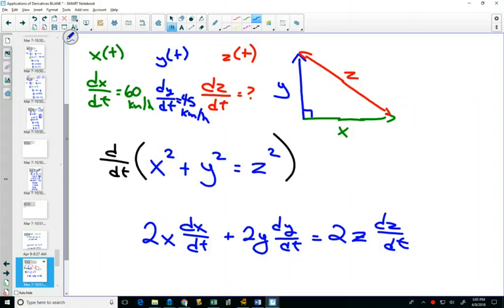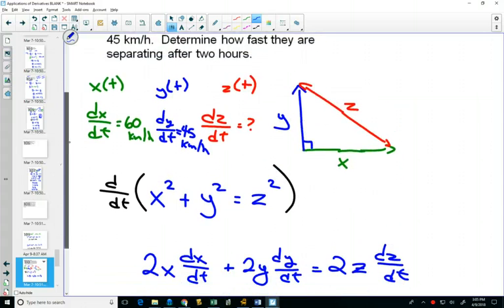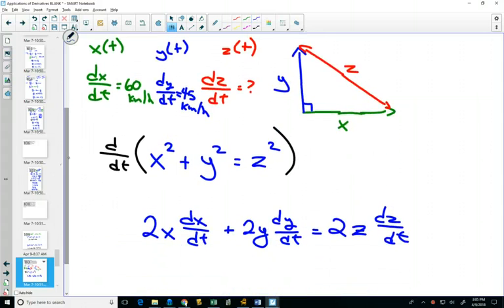And when do we want to find this? Exactly at 2 hours. So we want to find it at t equals 2. Well, there's no place to plug t equals 2 into our equation, but at t equals 2, what does this triangle look like?